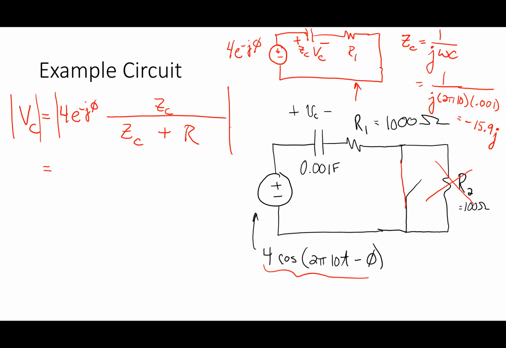Then I take the magnitude of both sides of that expression. When I have the magnitudes of complex numbers, can I say this is the magnitude of 4e to the negative j phi times the magnitude of Z sub C, over the magnitude of the bottom?